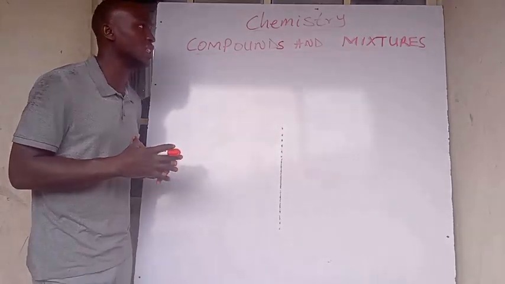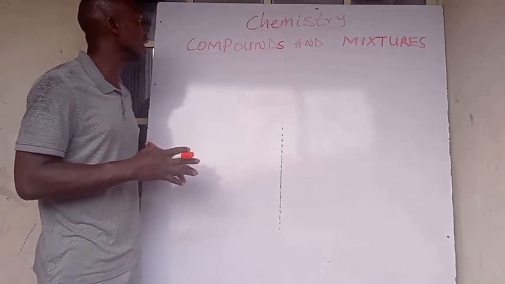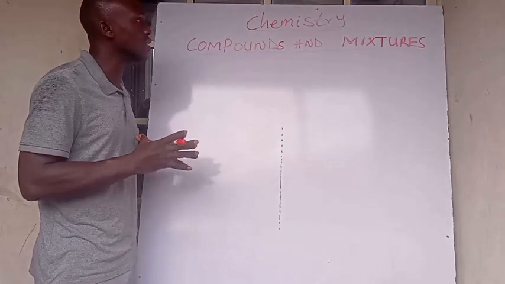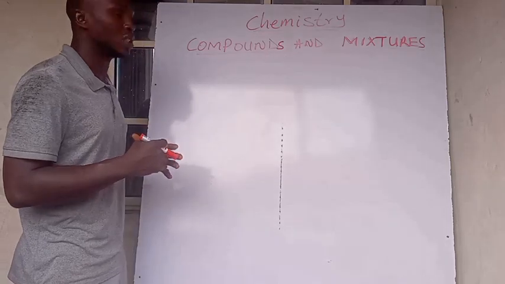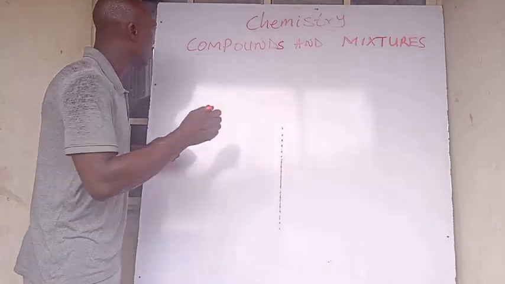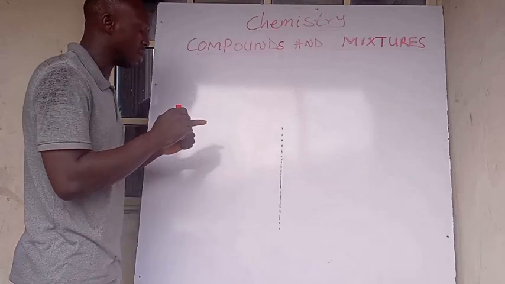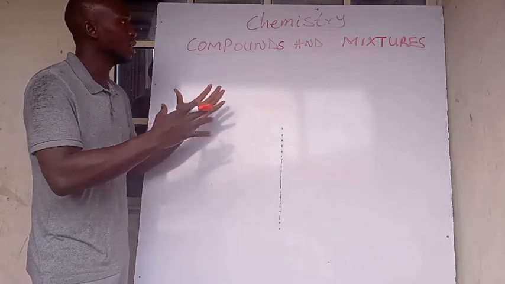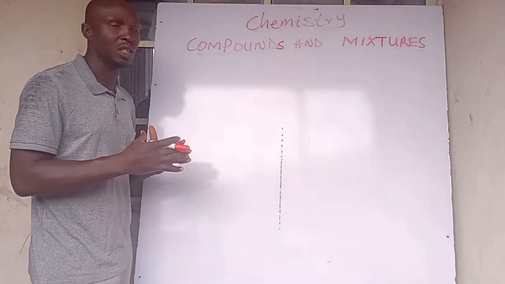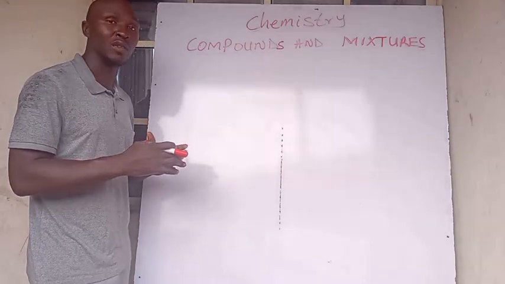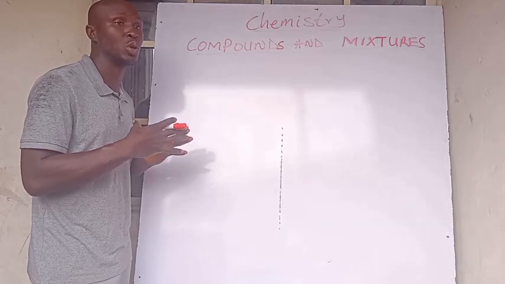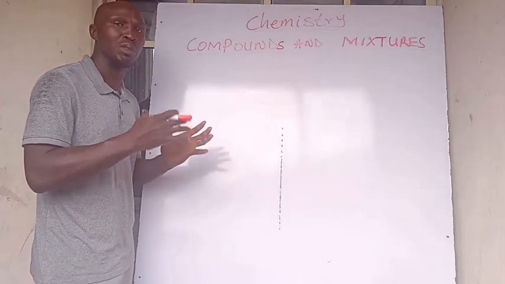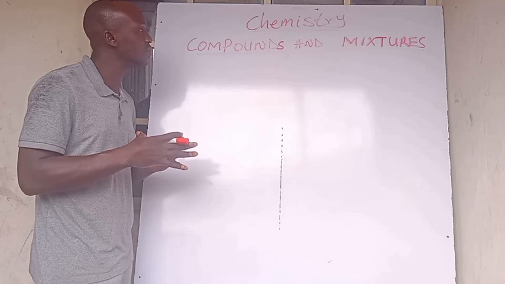In today's topic, we'll be discussing compounds and mixtures. Now, what is a compound? Before I continue, I would like to take both topics simultaneously so that it will be easier to differentiate between them, because they are somehow misinterpreted by a lot of scientists.